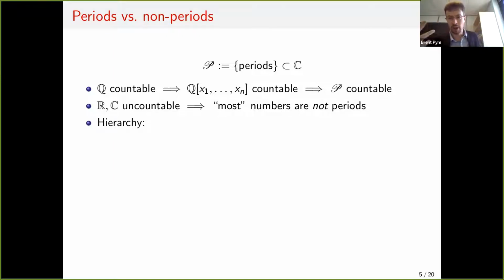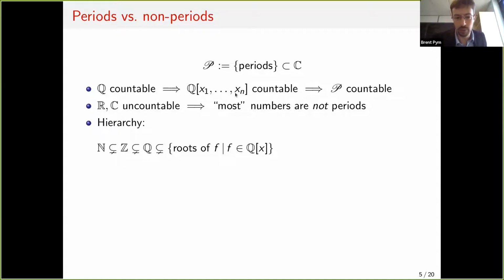And so there's a kind of hierarchy of number systems. You know, we start with the natural numbers, and then we build the integers by adding negative numbers. And then we build the rationals by taking ratios of integers. And then there are the algebraic numbers, which are the numbers that can be expressed as the root of a polynomial with rational coefficients, like square root of 2, for instance.